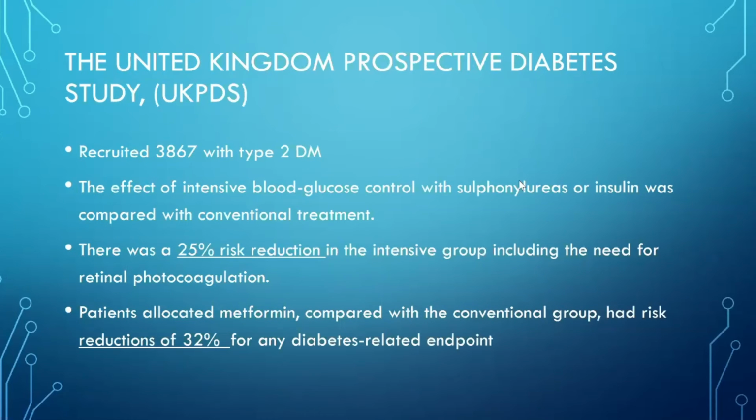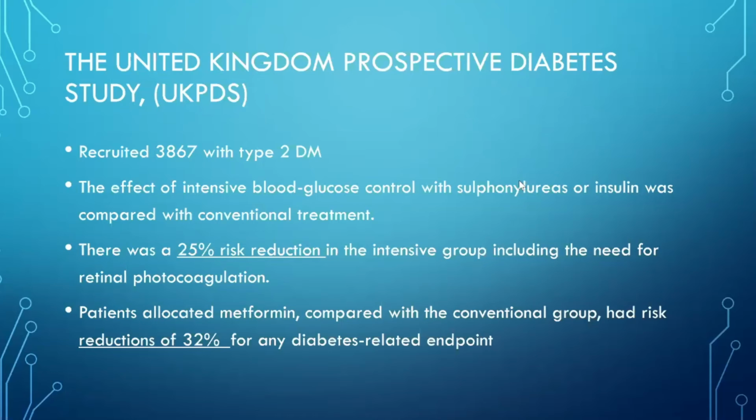Same with the UKPDS, the United Kingdom Prospective Diabetes Study. They recruited around 4,000 people with type 2 diabetes, and they found around 25% risk reduction in the intensive treatment group, with tighter control of blood sugar and blood pressure.